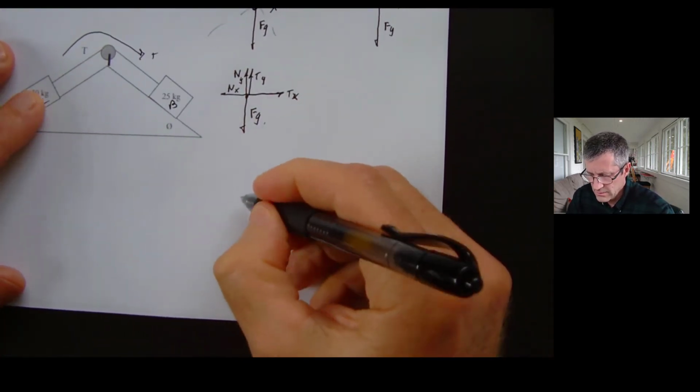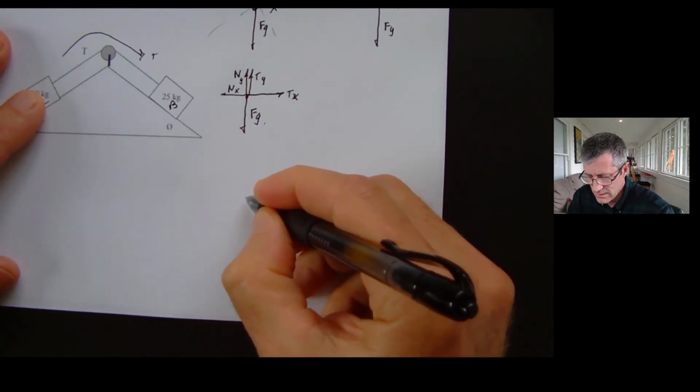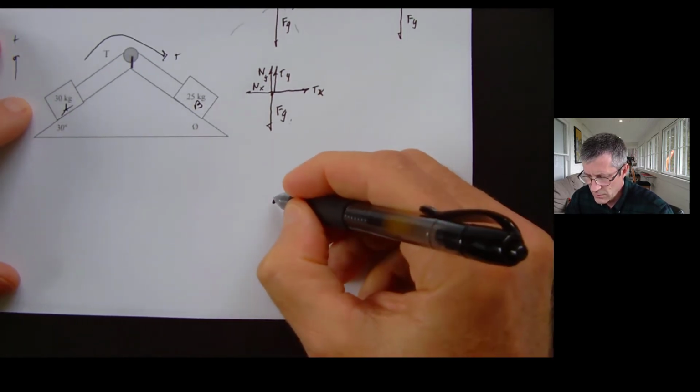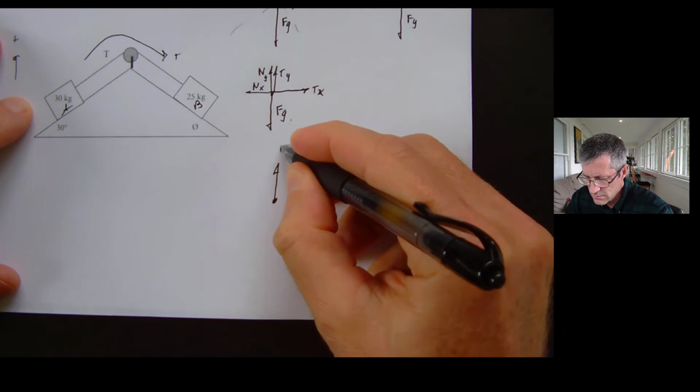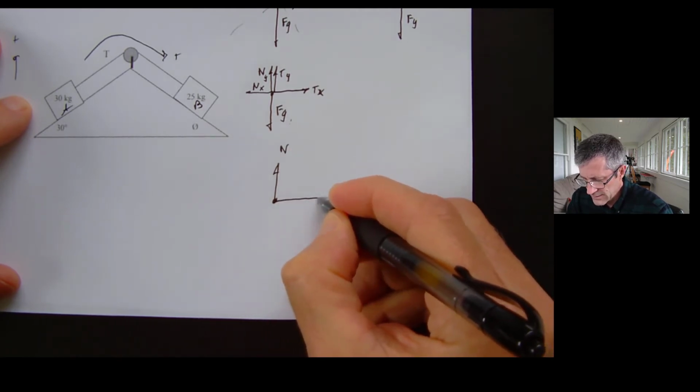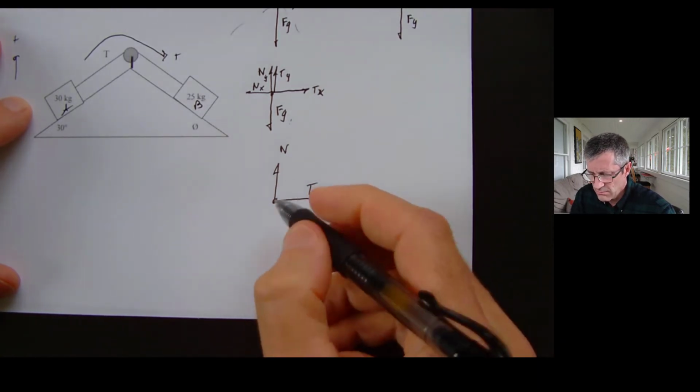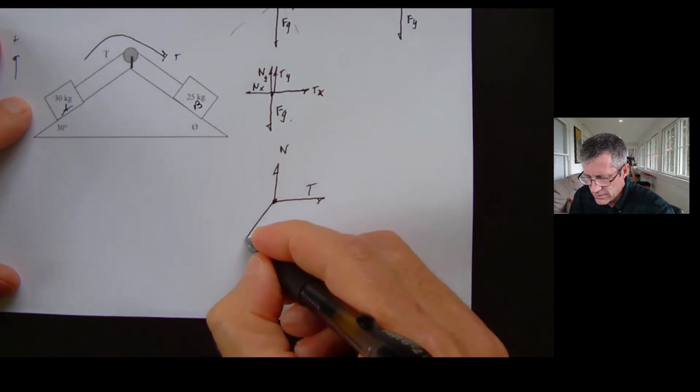Briefly, if I do that, I'm going to rotate everything. So here's my box, and I'm just going to rotate that. Now my normal force is going straight up, and my tension is going straight along the x-axis. But notice now that my force of gravity is going to be going off at an angle.